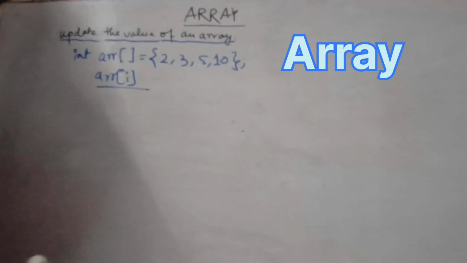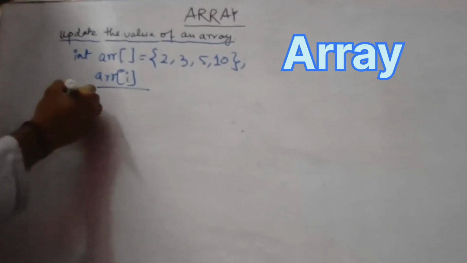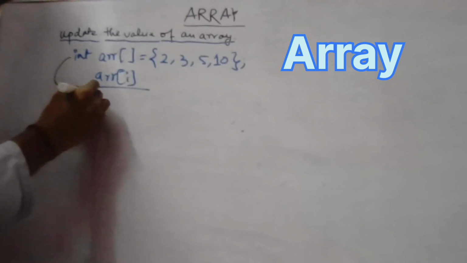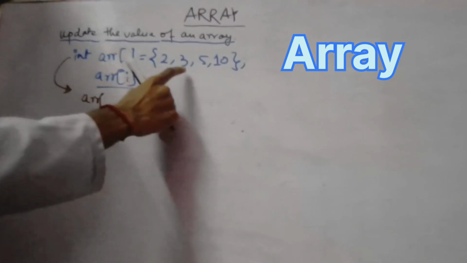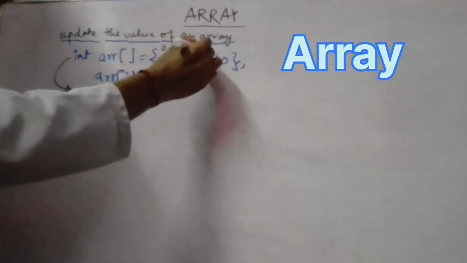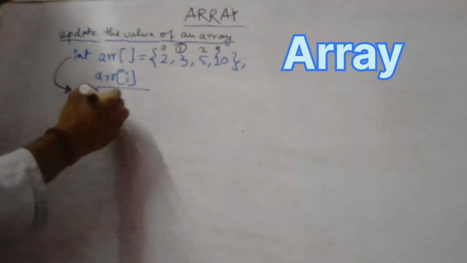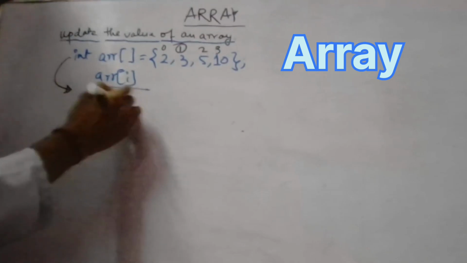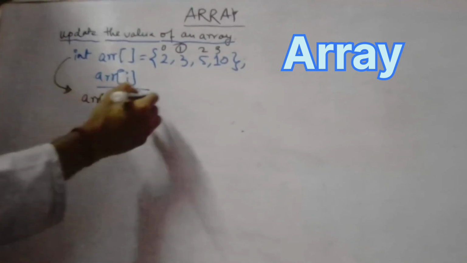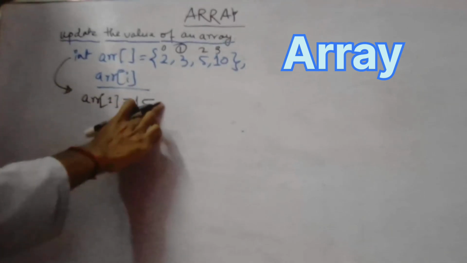So after that line, let's say we're going to change this 3 value. What is the index of this 3? That is 0, 1, 2, 3. So 1 is the index. So array of 1, let's say, and assign it the value 15. Okay, so we're going to put 15.